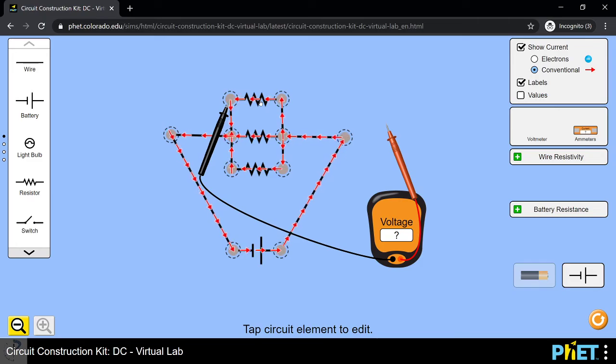So if the top one is 1, the middle one is 2, and the third one is 3, it would be at the start of 1, or it doesn't matter which side is the start. So left side of 1 and then the right side of 2, like this. So crisscross applesauce. R13 would be the same, and it doesn't really matter. As you can see, the whole idea is that when they are in parallel, they have the same voltage.